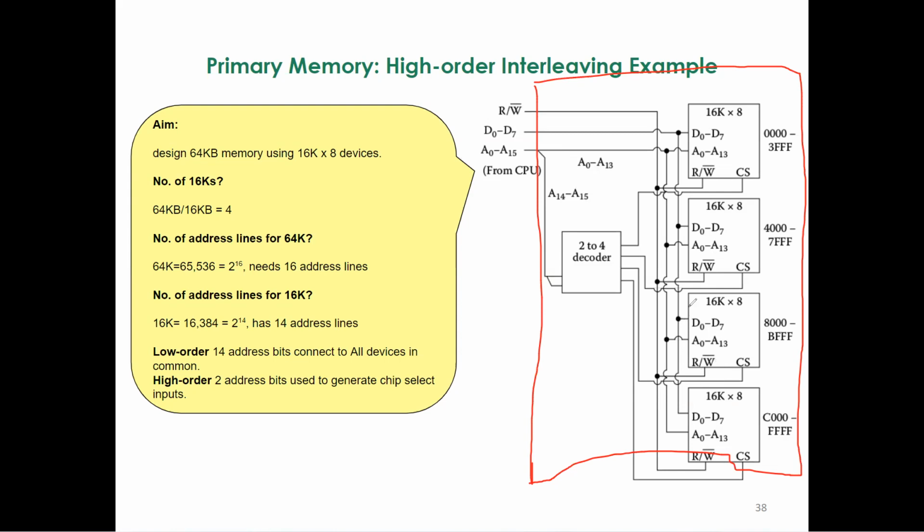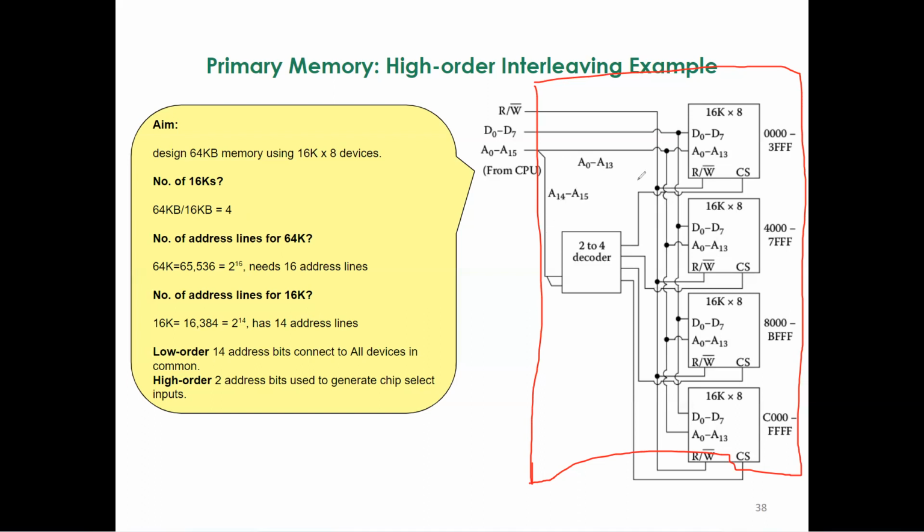For this case, because we are using high order, we use the high end of the 16, meaning A14 to A15. Why 14 to 15? We said we need 4 devices, which means we need 2 bits, which we can use to decode the module that we need to access.